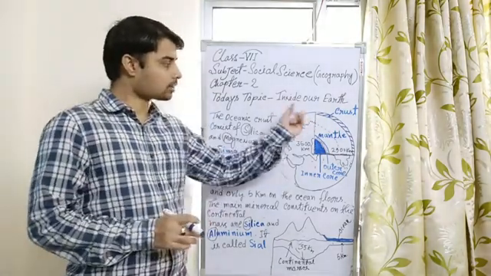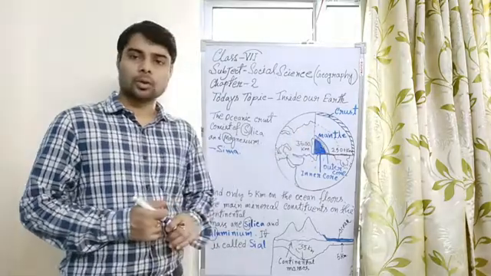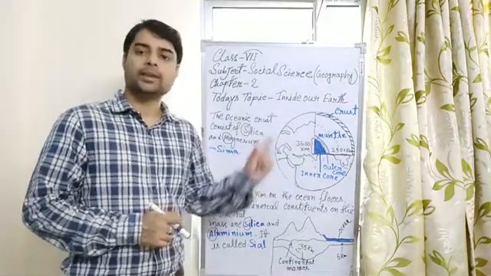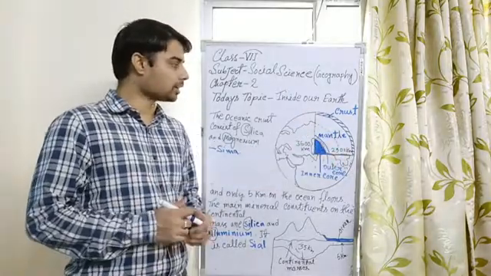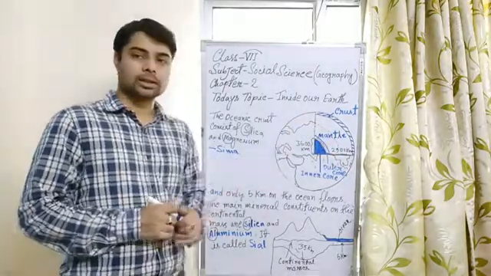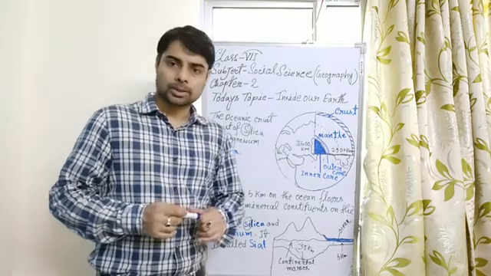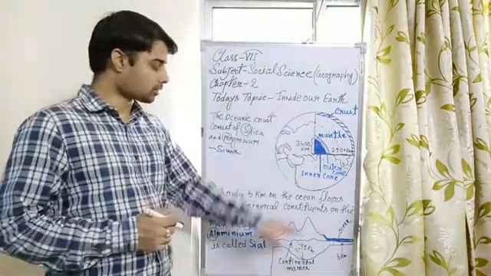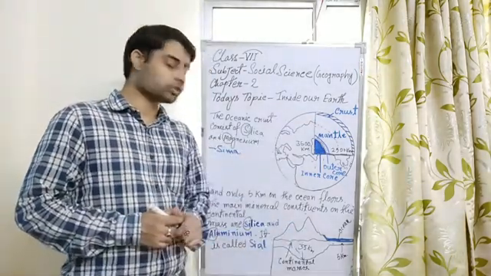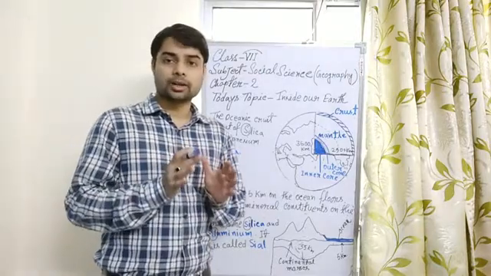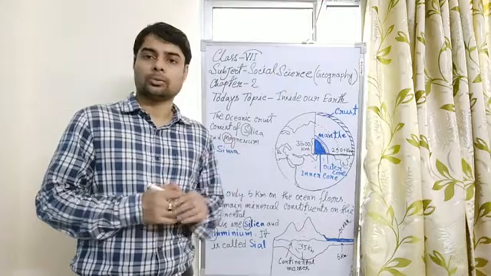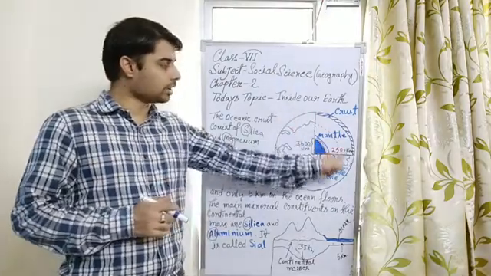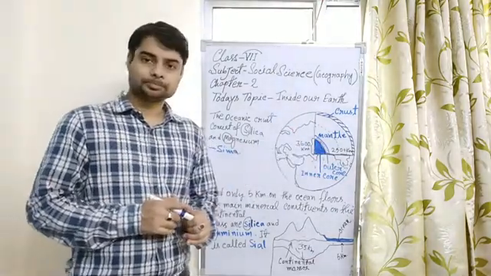The crust and the uppermost portion of the second layer, which is the mantle, together are called lithosphere. After the continental and oceanic crust, there is a 100-kilometer area. This area is also part of the lithosphere. This is the uppermost area of the mantle.